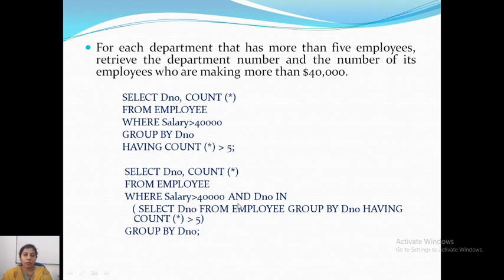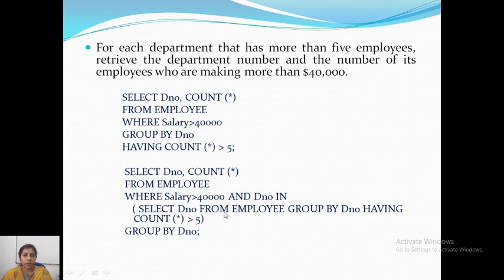Now you see the second one. Here we will take the condition in the where clause itself: we write salary is greater than 40,000 and department number in this result.